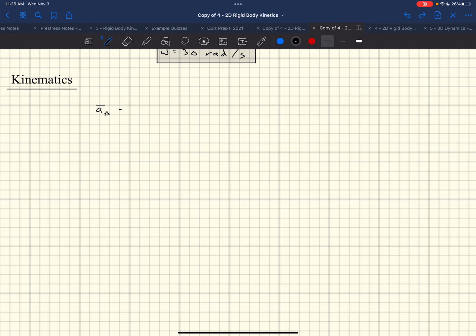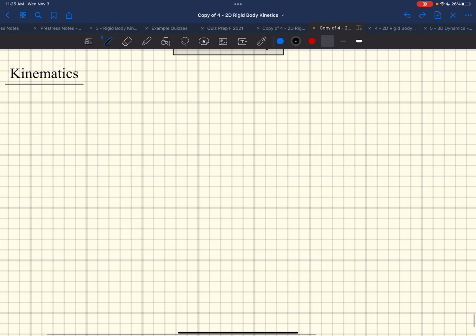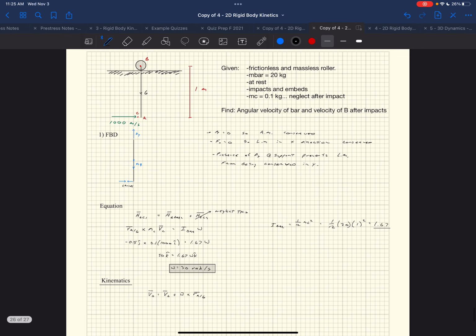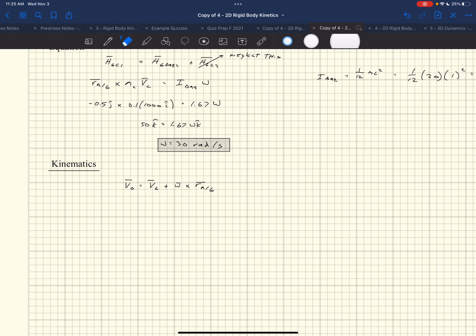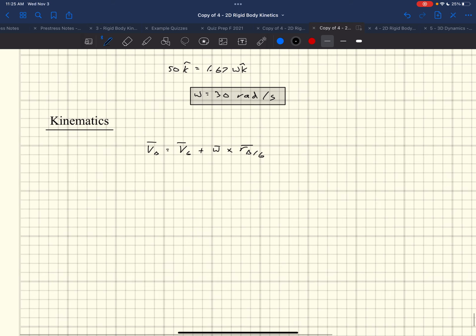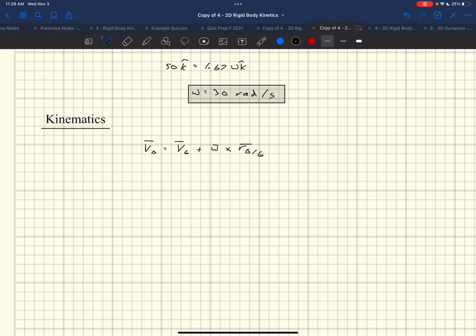VB is equal to VG plus omega crossed with R. RA is seen from G. Make sure I got my things labeled right. Oh, I'm on B, sorry. RB is seen from G. Okay. I can't do this yet because I do not know what VG is, right? I could try taking the step, but I need to know what VG is first.